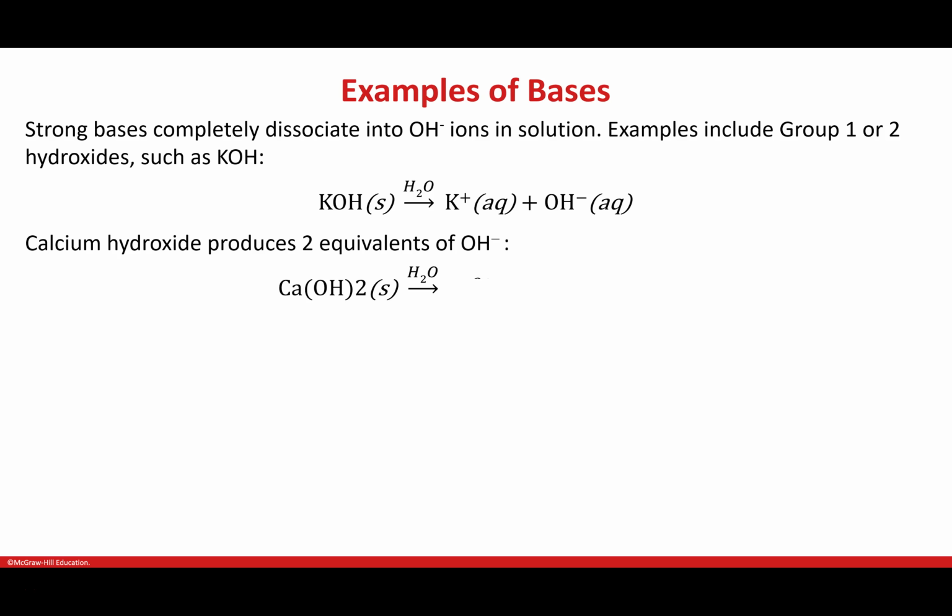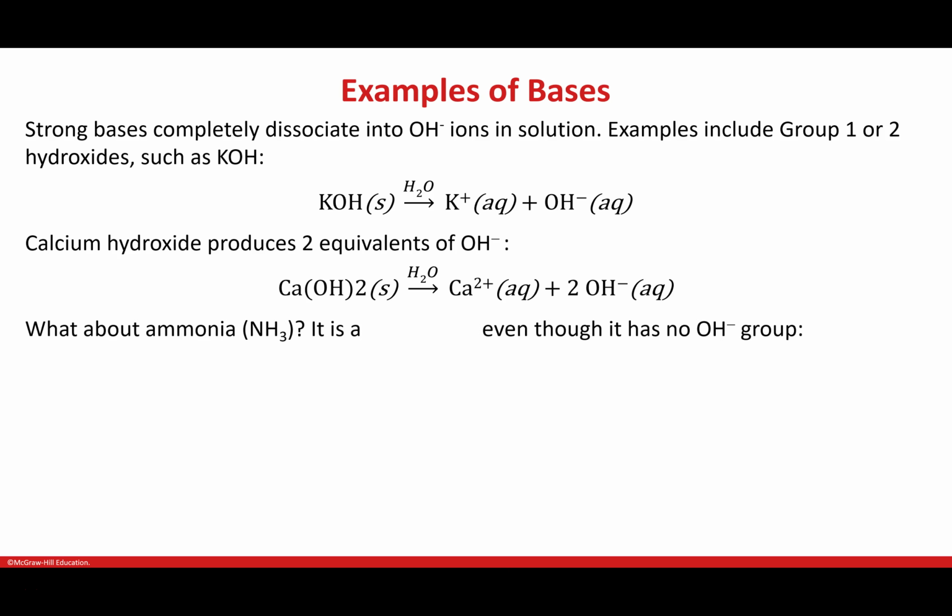This is supposed to be subscript 2. We're going to get 2, exactly. So on the product side, that's why it says Ca plus 2 and 2 OH minus. You get two for your bang. Very good.